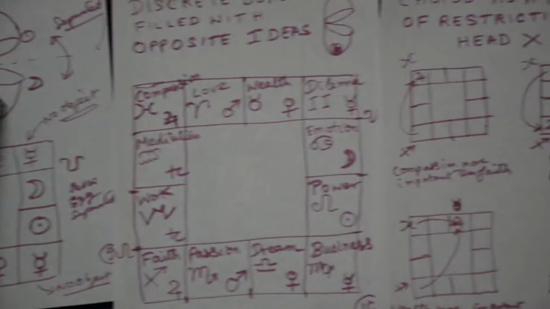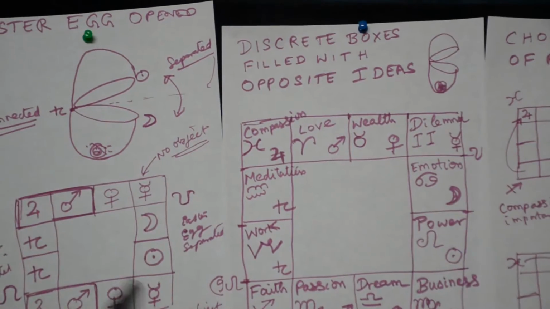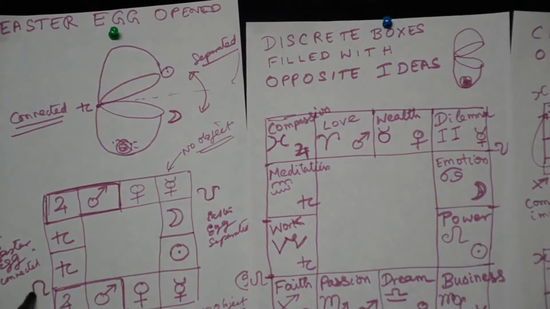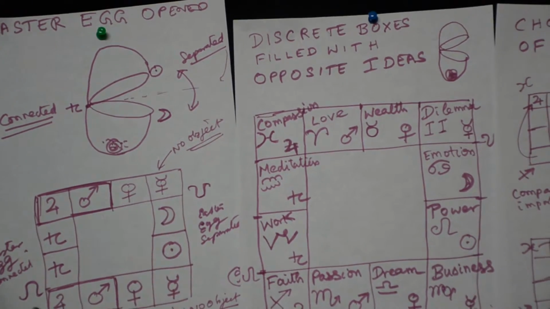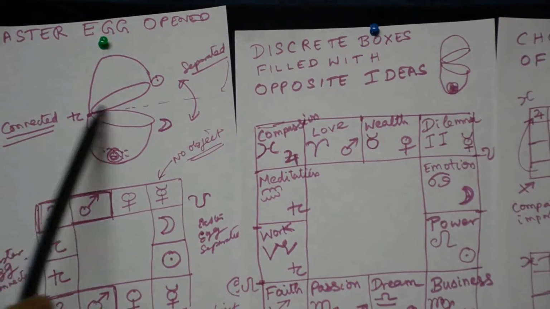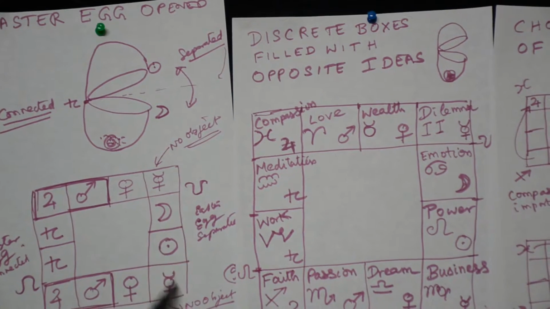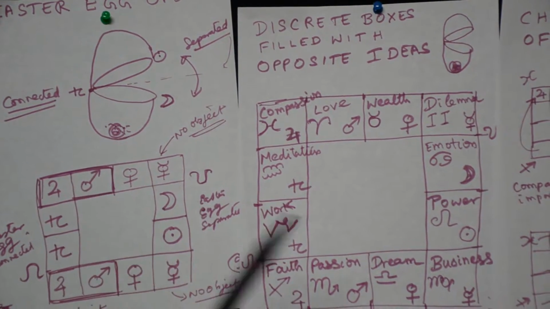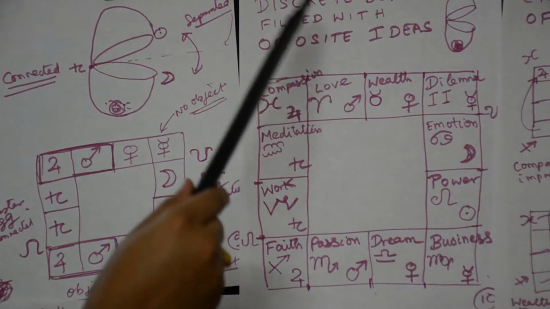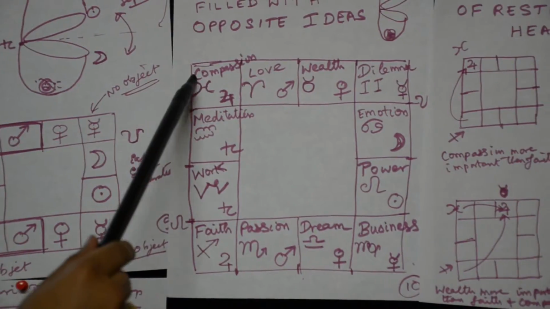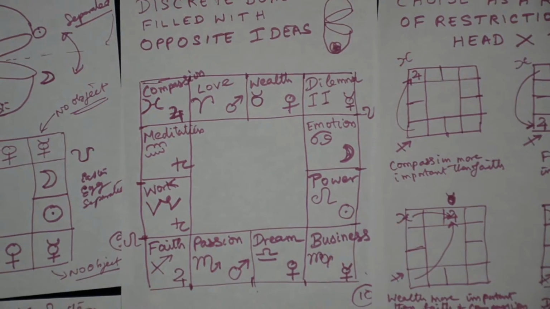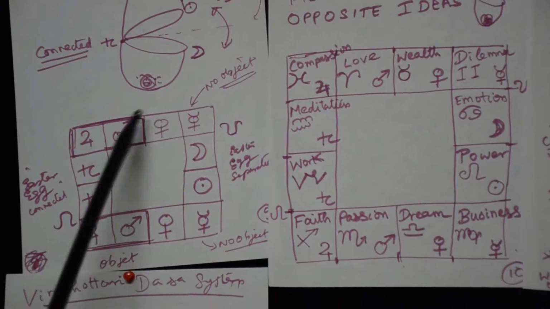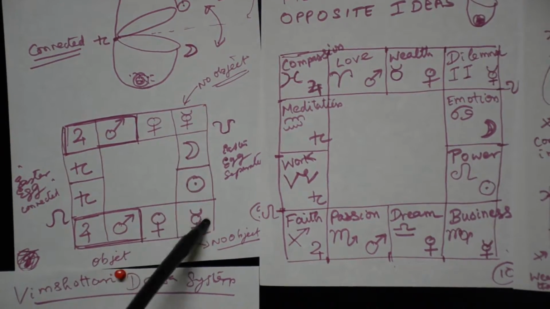So with an Easter egg, we were able to make an oscillation from upside down to upright and upright to upside down, and to create a zodiac. Now you have logically 12 boxes, 1 2 3 4 5 6 7 8 9 10 11 12.